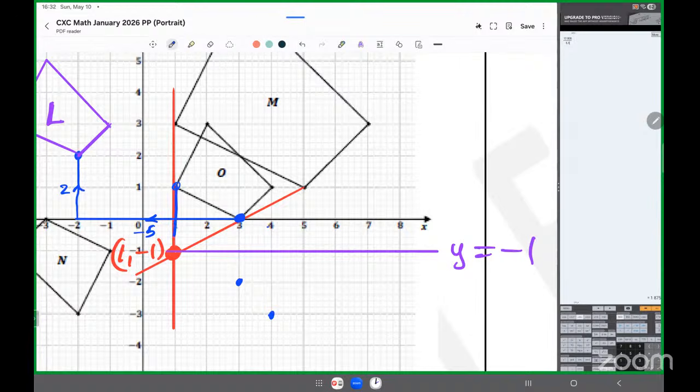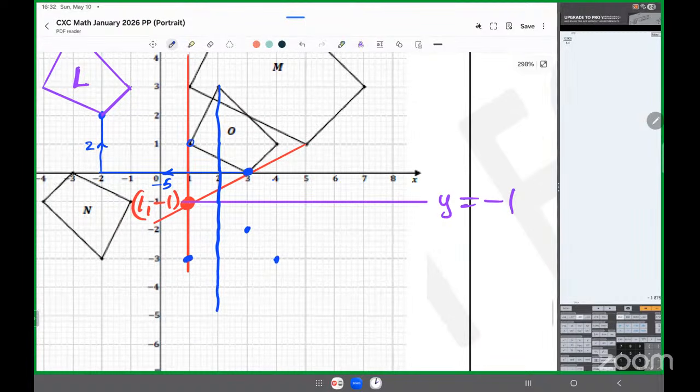It's going to go 2 on the other side to here. That's where it's going. And this point now is 1, 2, 3, 4 to the mirror line. It's going to go 1, 2, 3, 4 on the other side, to here.